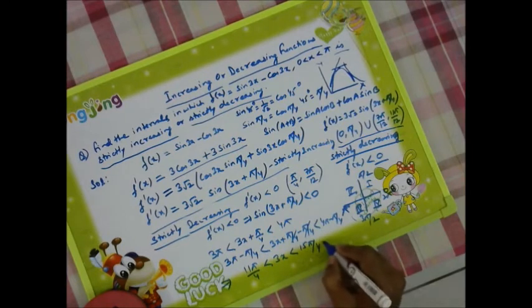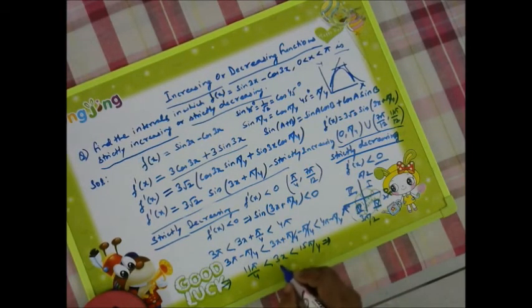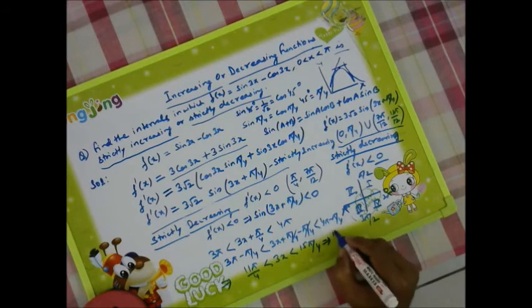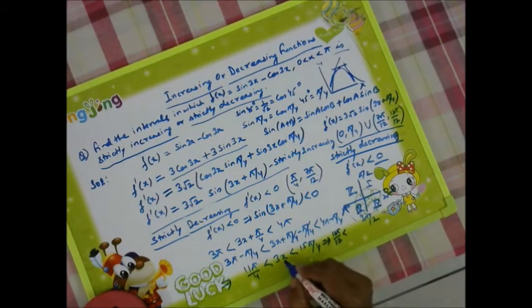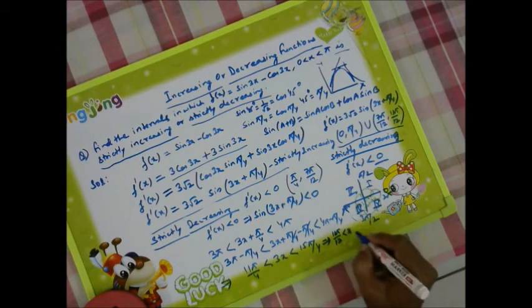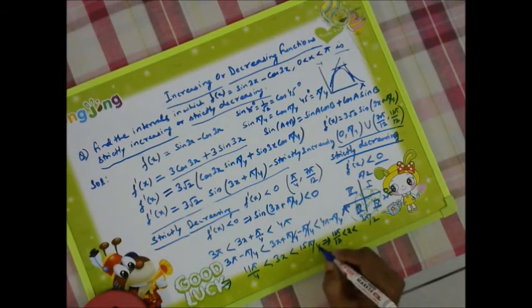Here it is still not completed. Then if we divide by 3 to all, 11 pi by 4 divided by 3 will become 11 pi by 12 less than, and 3x divided by 3 will become x, and then here it will become 15 pi by 12.